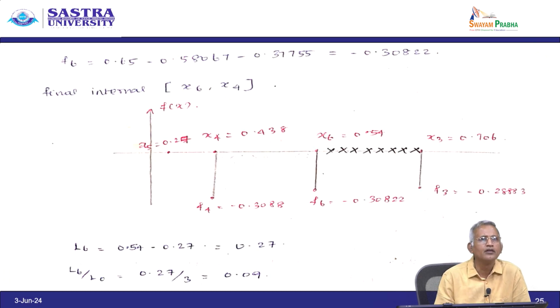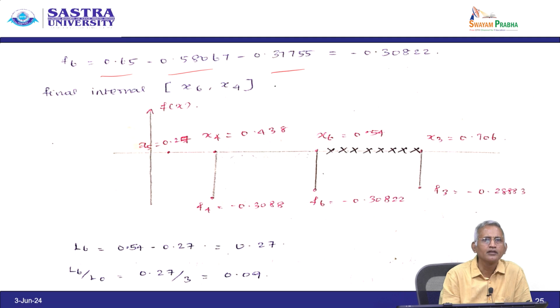Now we have x6, substitute in the given equation 1, and f6 equal to 0.65 minus 0.58067 and 0.37755 equal to minus 0.30822.